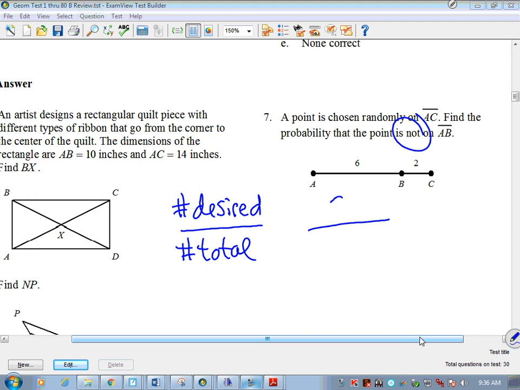So I'm going to go 2 over what? 8. 2 over 8. So I could write 1 over 4, correct? There's a 1 in 4 probability that a spot chosen randomly on that line segment will be in BC rather than AB. So you need to remember what probability is, because we can use probability in all kinds of different forms, whether it's area or length or what have you.